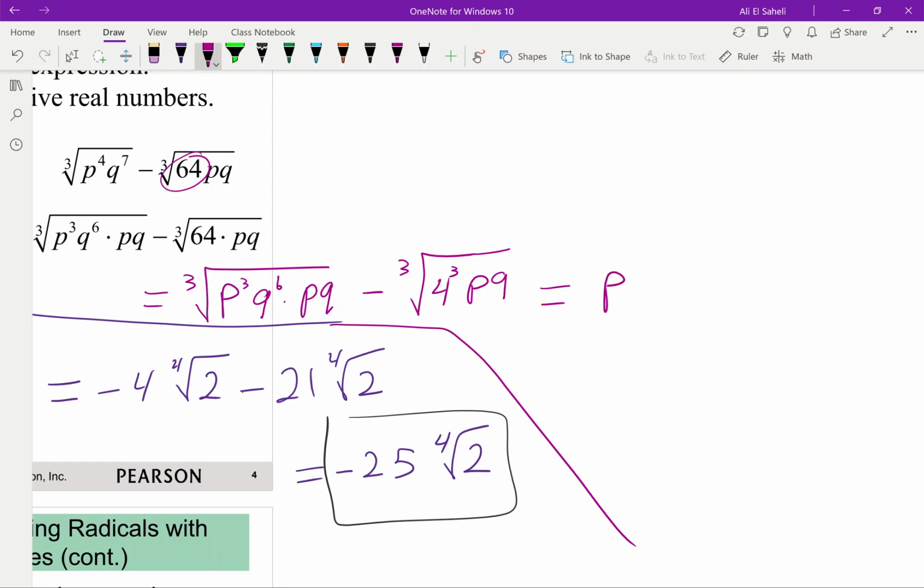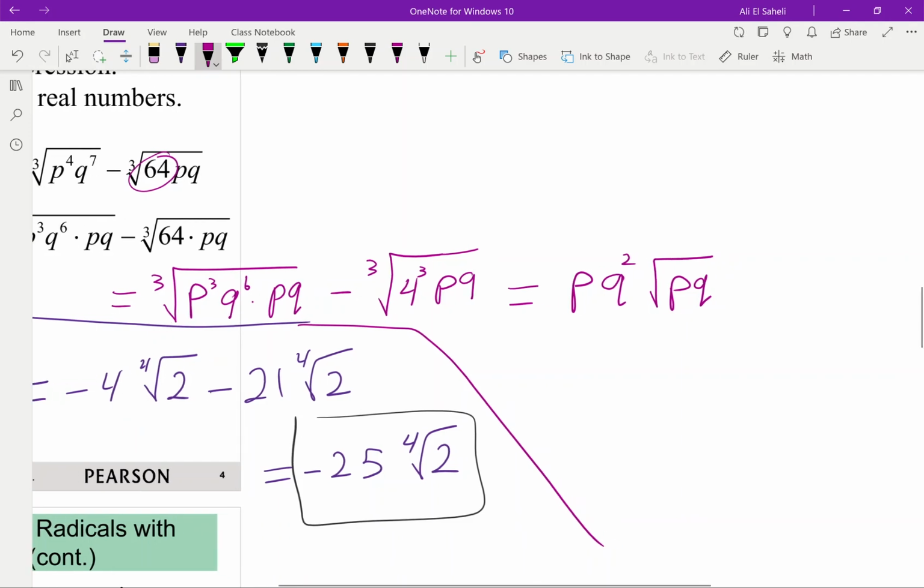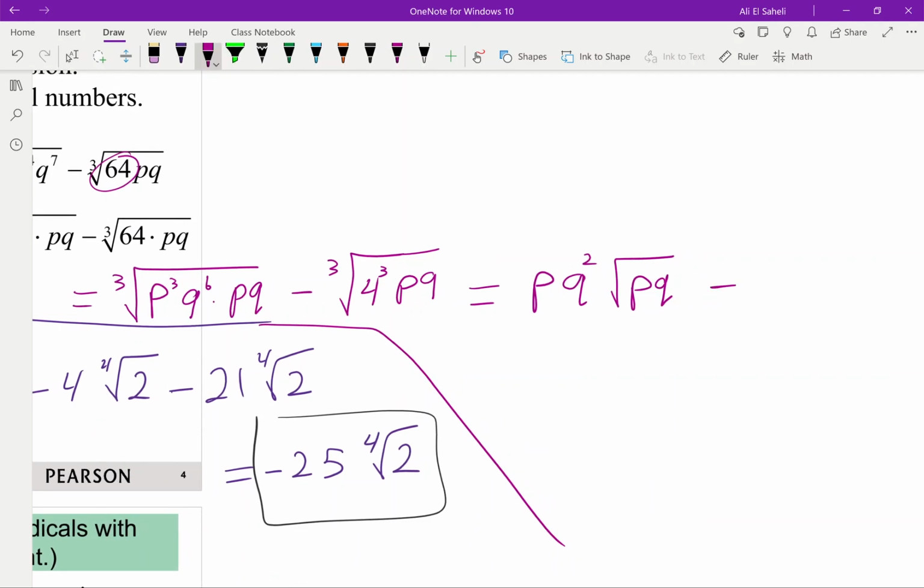Q comes out to the power 6 over 3, so Q squared. And PQ is still stuck under the cubic root, minus 4 to the power 3, cubic root of 4 to the power 3. So the 4 goes out, and this is the cubic root, and you have this.